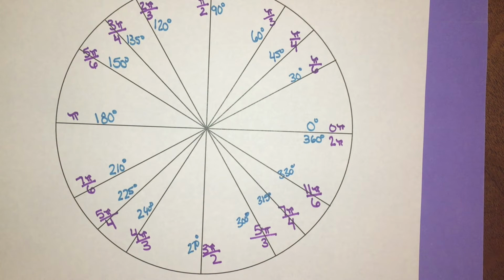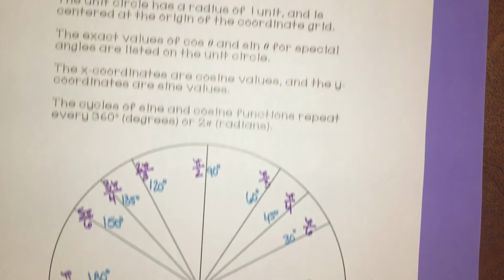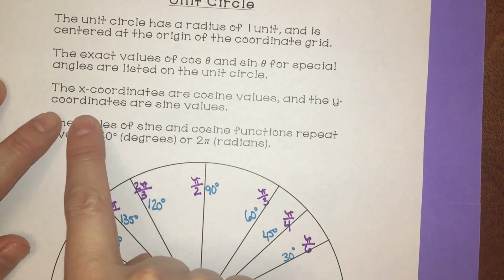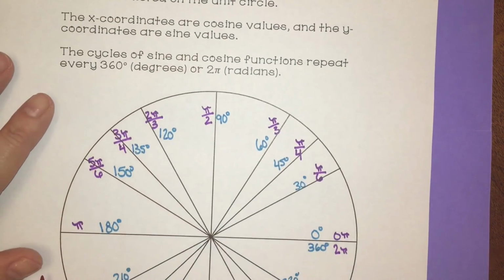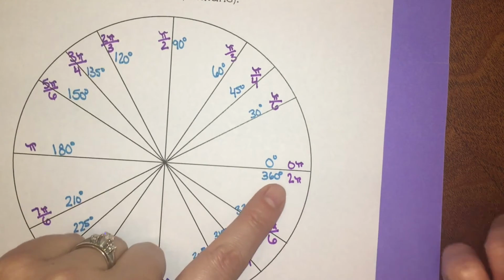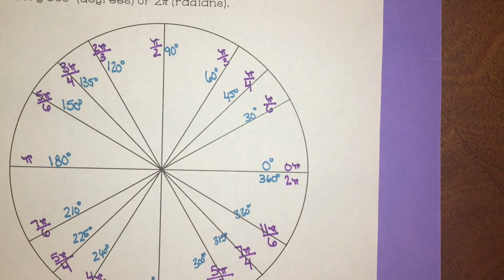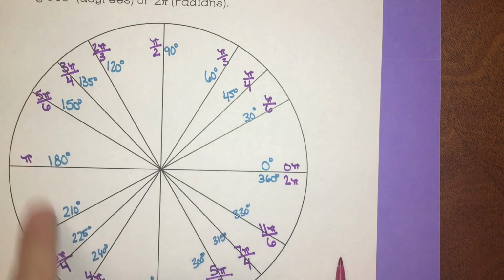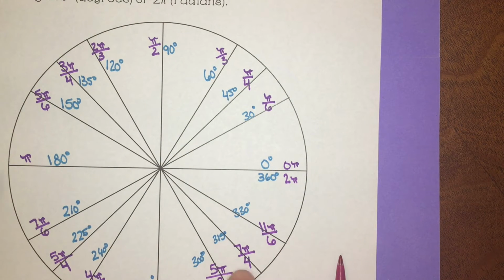Okay, so now we're going to look at the cosine and sine values. So remember I said before, the x coordinates are cosine values, the y coordinates are sine values. So let's start at 0. So over here, I'm going to switch between colors, just if you want to do this too, so you know that one color was in degrees, another color was in radians.